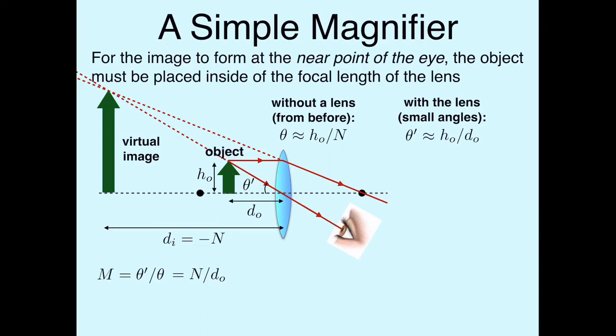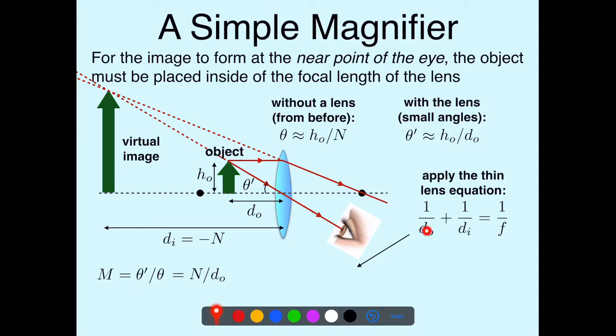So if we could find a formula for DO, the object distance, then we could figure out what the angular magnification M is. So for that, we're going to apply the thin lens equation. Remember, 1 over DO plus 1 over DI is equal to 1 over F. So if we just take 1 over DI to the other side, we'll have 1 over DO equals 1 over F minus 1 over DI.